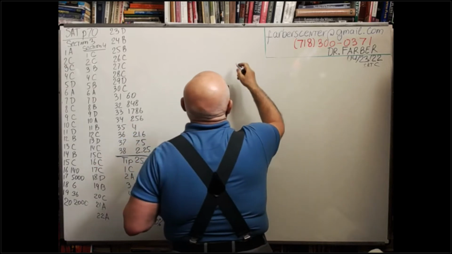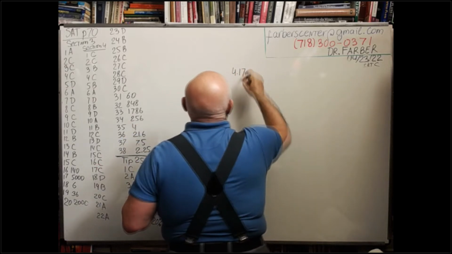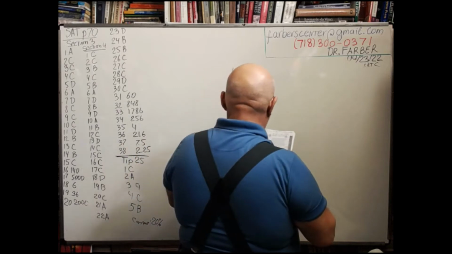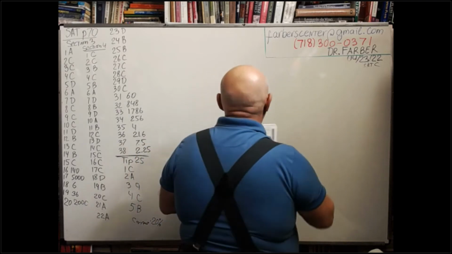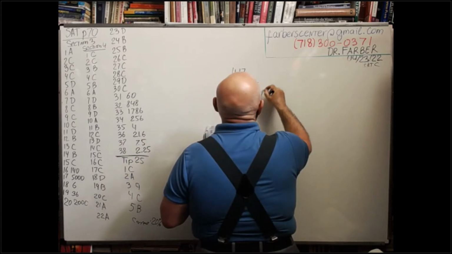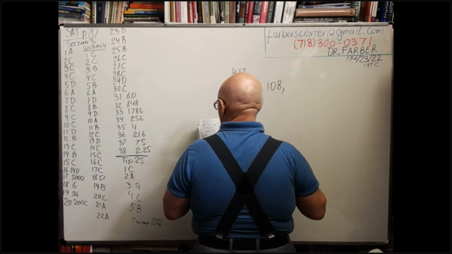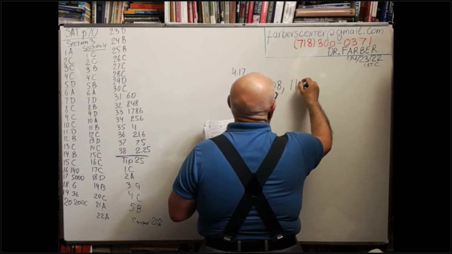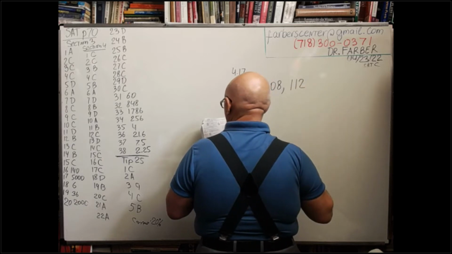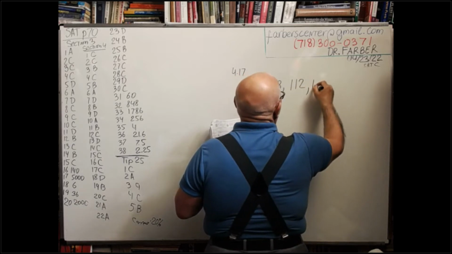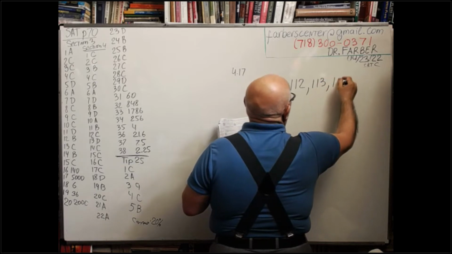In 417, you have x, 108, 112, 113, and 119.